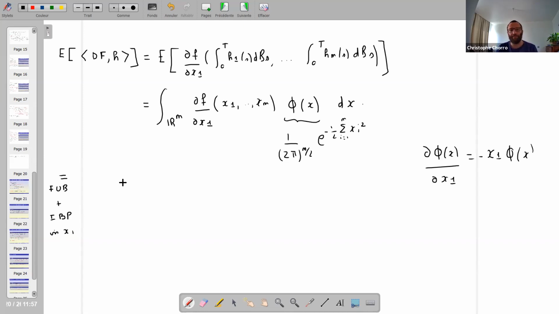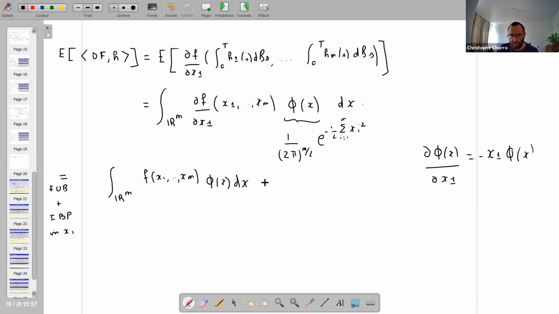And I obtain what? If I do the job, I obtain the integral over R to the power n of f of x1, ..., xn times phi of x dx, minus the integral of f of x1, ..., xn times the derivative of phi, the derivative of phi being equal to minus x1 phi of x.